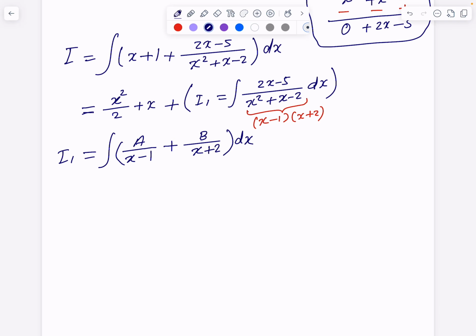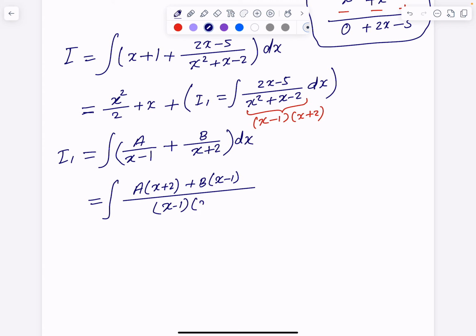Now we're going to have the integral of A being multiplied by x plus 2 plus B being multiplied by x minus 1, divided by x minus 1 times x plus 2, and here's dx.